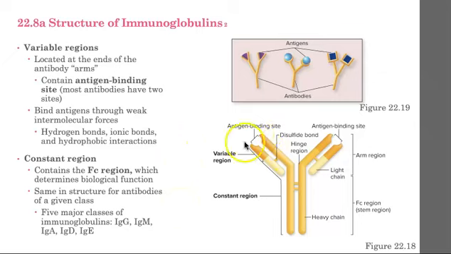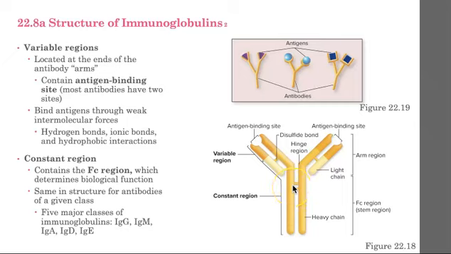Let's just review really quick. We've got the variable region over here. This is located at what we call the arms of the antibody. And like I said, the antigen binding site can change. We'll bind these antigens through weak intermolecular forces. They could be through hydrogen bonds, ionic bonds, and hydrophobic interactions. Our constant region is going to contain the Fc region, which is the stem, so this portion right in here.